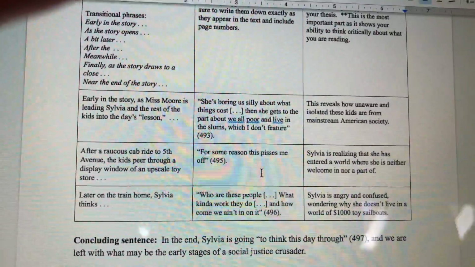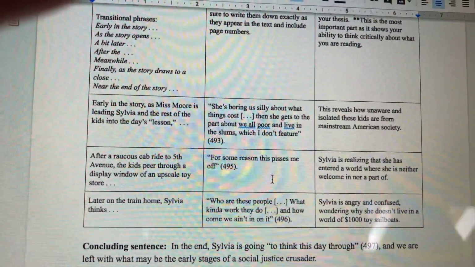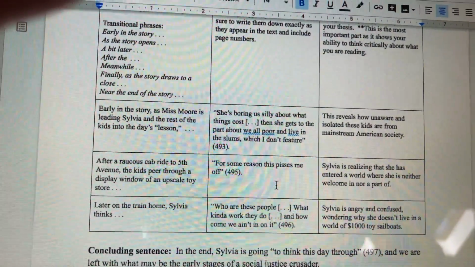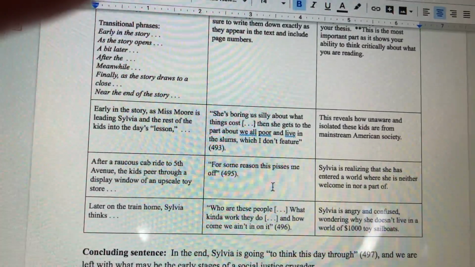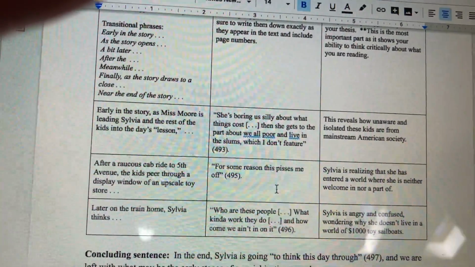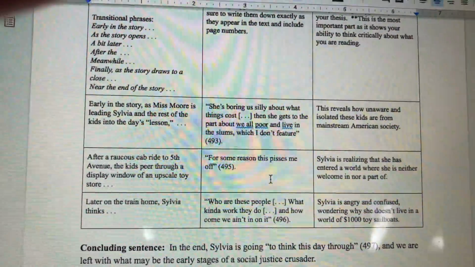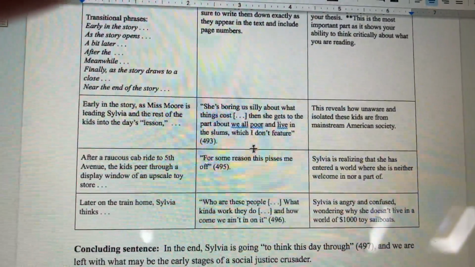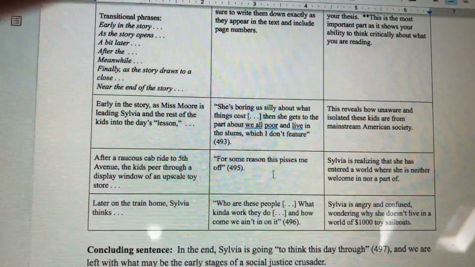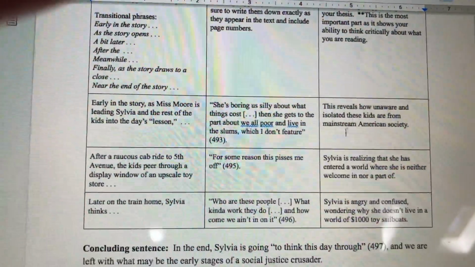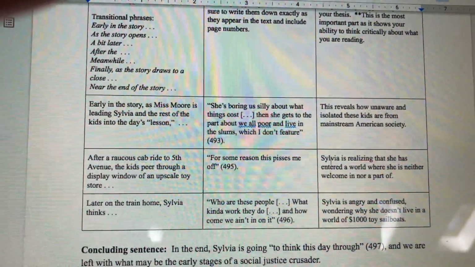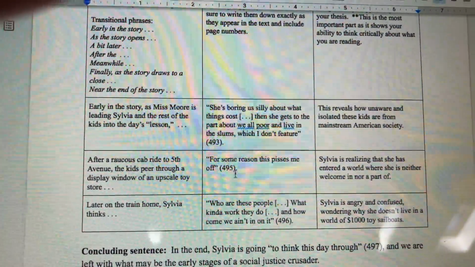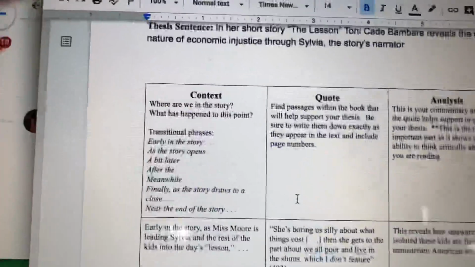So the first quote that I see in your paper should be from an earlier part of the story, and your next quote or quotes should be later in the story. You're following the progression of the story. And then you'll notice that I have the quotes here, and over here are my thoughts as to how this part of the story, these quotes, go back to prove my thesis.